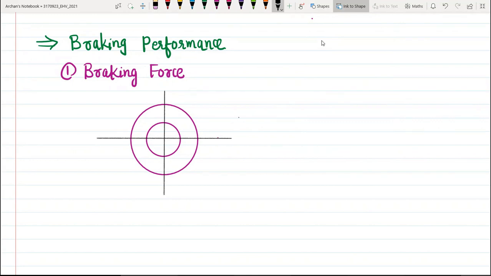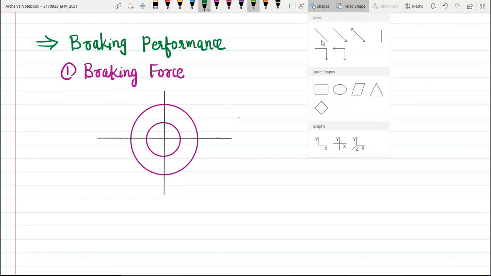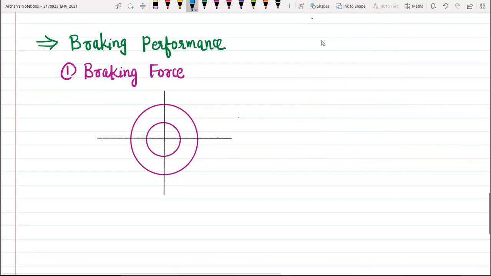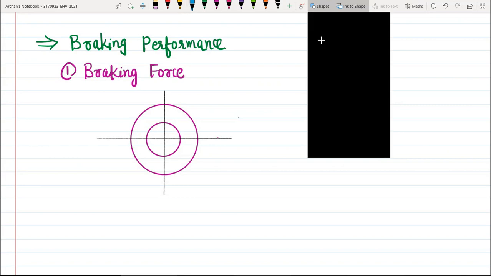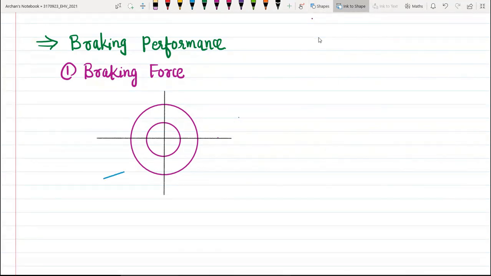Suppose this is my vehicle wheel, and this is our ground level.